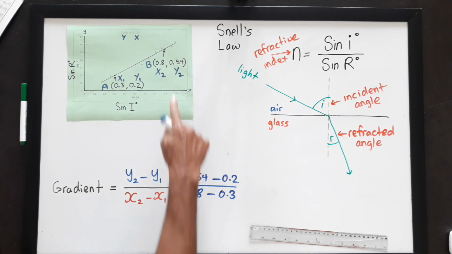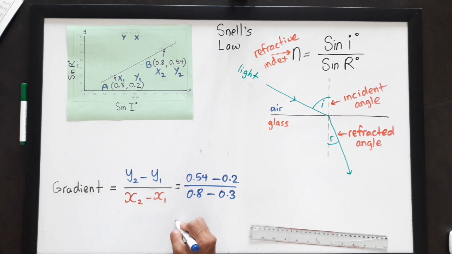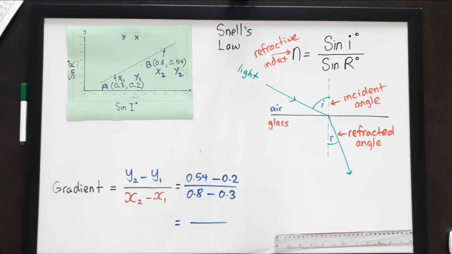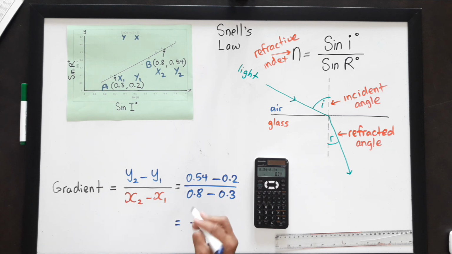Let's double check my work in here. Right, everything seems correct. So let's work this out. I think I will need my calculator this time. Alright, let's see. 0.54 minus 0.2, that's 0.34. And well, 0.8 minus 0.3 should be 0.5.